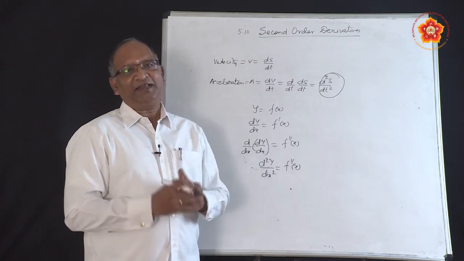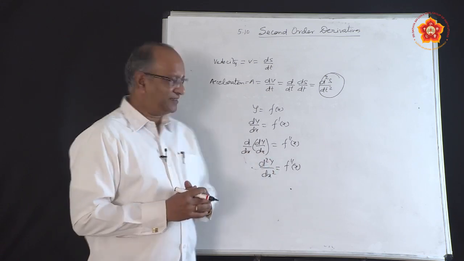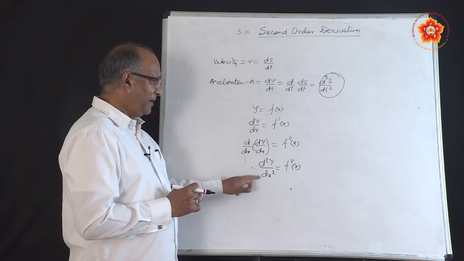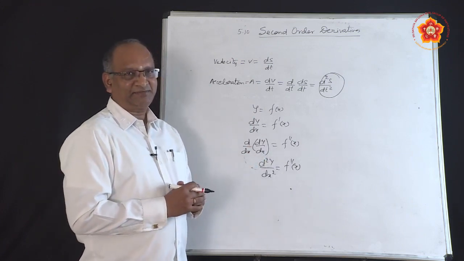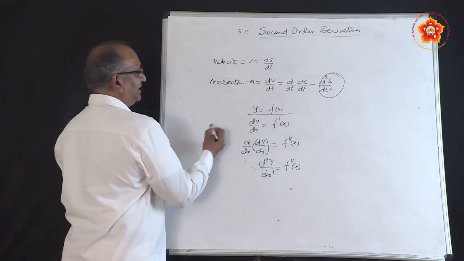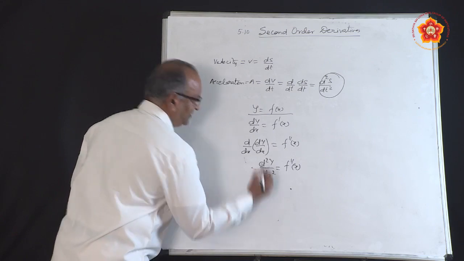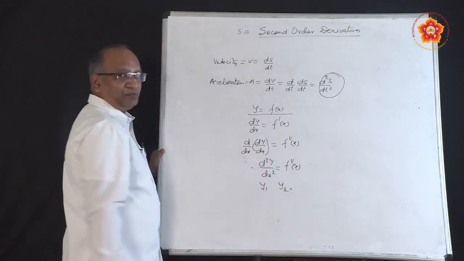This second order derivative is represented in so many forms. For example, we call it d2y by dx square, we call it f double dash x. Initially y was a function, so if you are differentiating it, we call it y1. Second order derivative we call it y2.